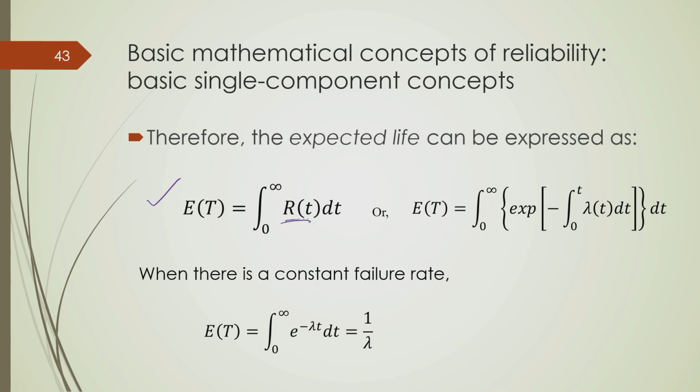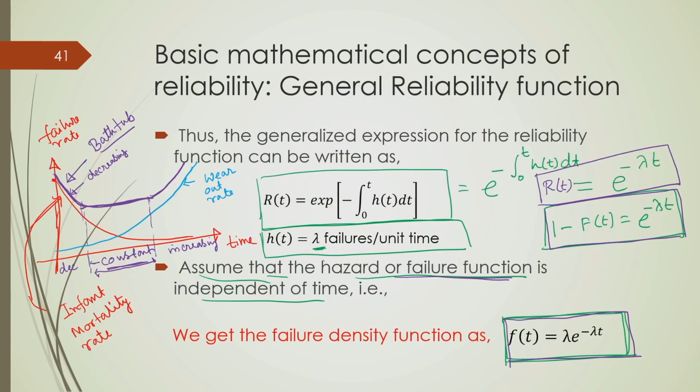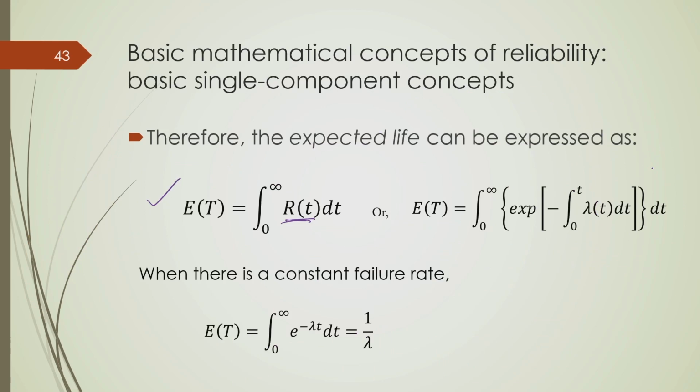Now, we know R(t) in terms of this constant failure rate we obtained as e to the power minus lambda t. If we put that in, we will get the integral from 0 to infinity of e to the power minus lambda t dt, and this gives you 1 upon lambda. Okay.